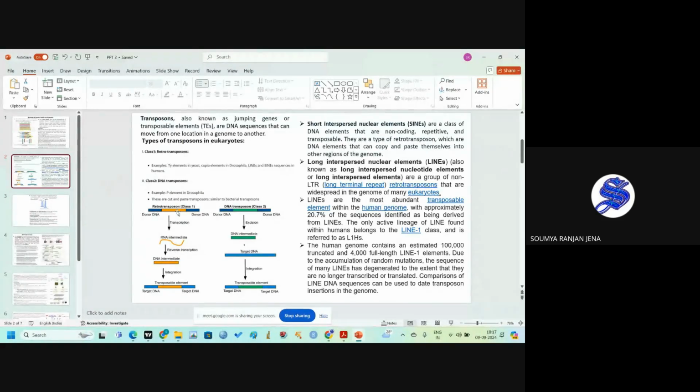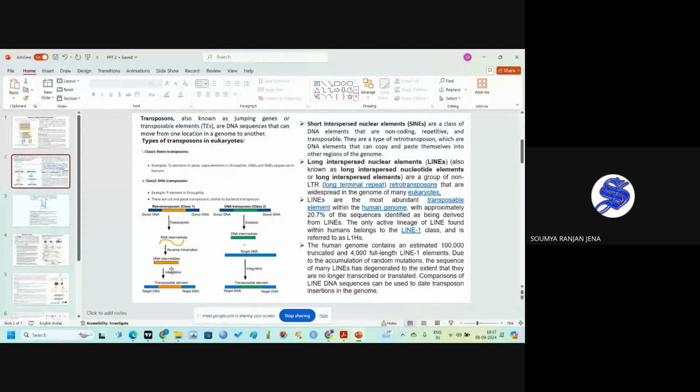If you go to the class 1 retrotransposon, this has a donor DNA. This donor DNA is transcribed and converted into a mature RNA intermediate, and this RNA intermediate is then reverse transcribed with the reverse transcriptase enzyme to form a DNA intermediate.